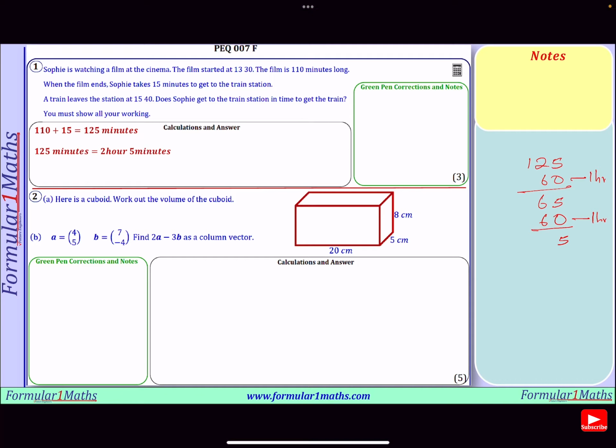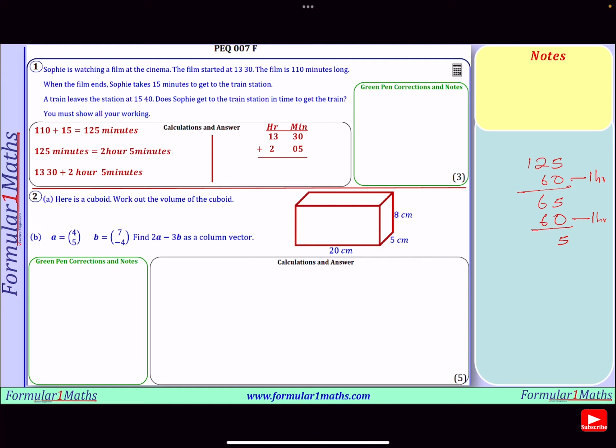So we can now add the time the film started to 2 hours, 5 minutes. It's best to do it as column addition in this way. Before we do that, we have to label the hours column and the minutes column like that. So now we are going to add 2 hours, 5 minutes, and this is what we get.